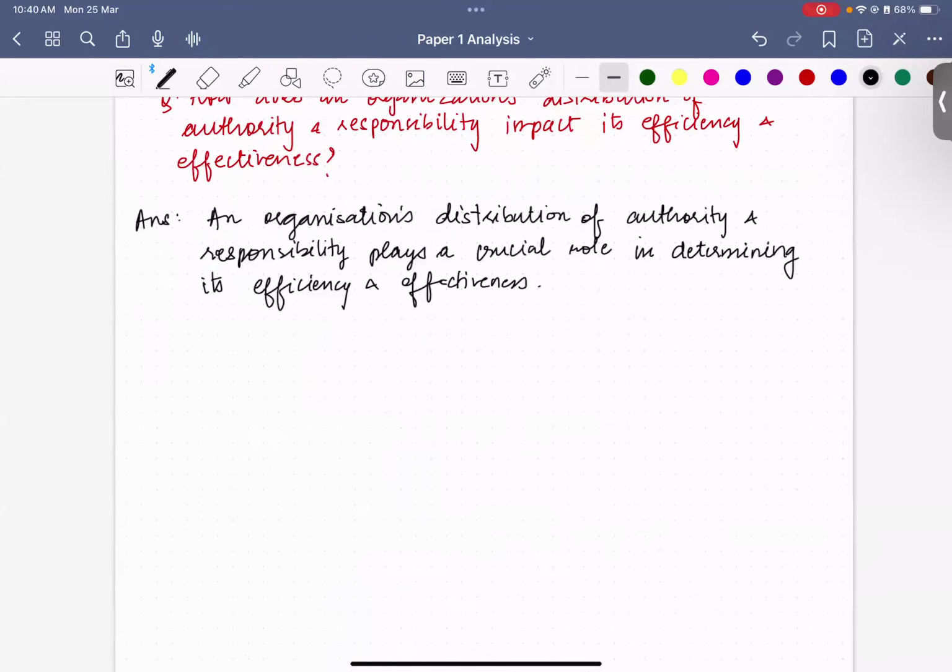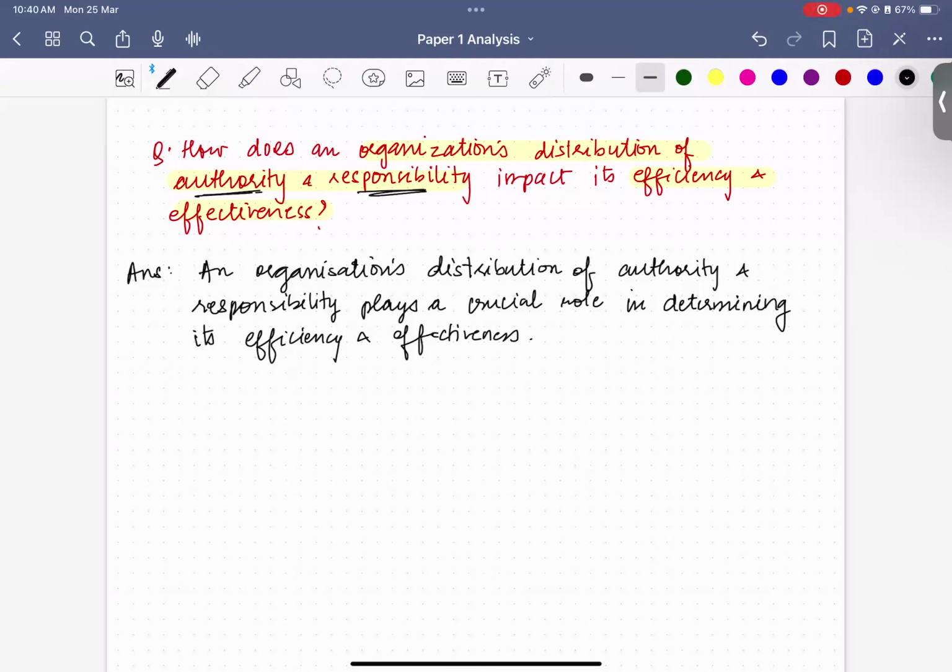So, what is the crux of the question? Distribution of authority and responsibility and its impact on efficiency and effectiveness. So, we know that yes, it does play a role. But what kind of role? How much? And where? Like how much when you distribute, what kind of results do you get?